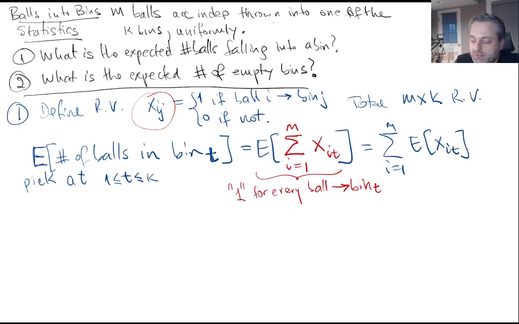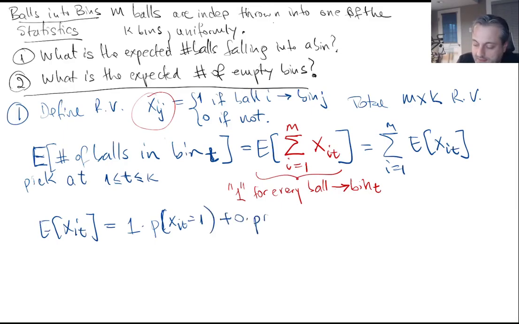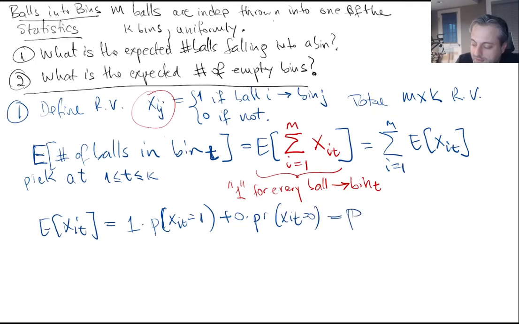This is easy to compute, right? The expected value of xit is simply 1 times the probability of xit equals 1, plus 0 times the probability of xit equals 0. So that is simply the probability of xit equals 1, which is the probability of ball i going to bin t, and that is uniform.